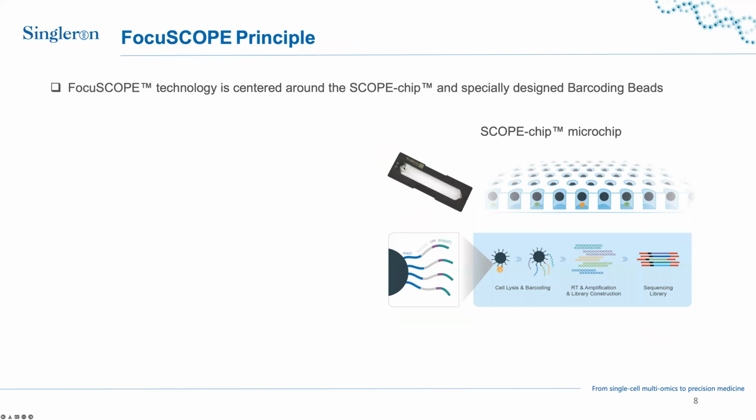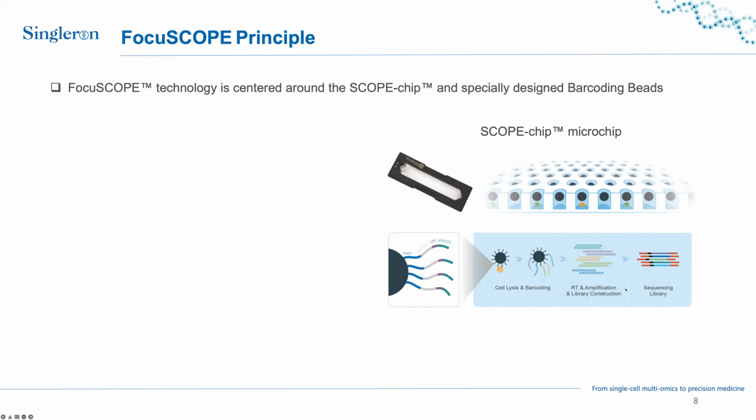You would load the cells onto the chip, and then they can be partitioned into the wells. You would load barcoding beads onto the chip, and these barcoding beads have probes that allow capture of the RNA of the cells.